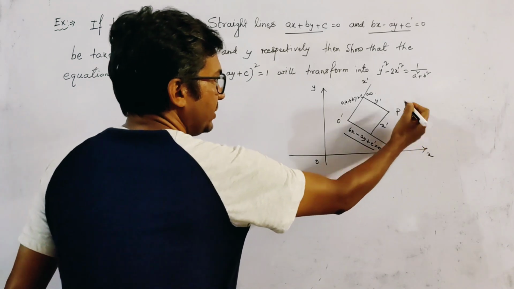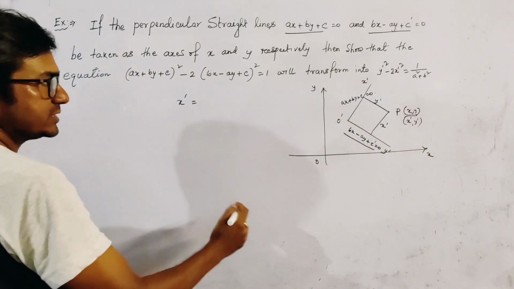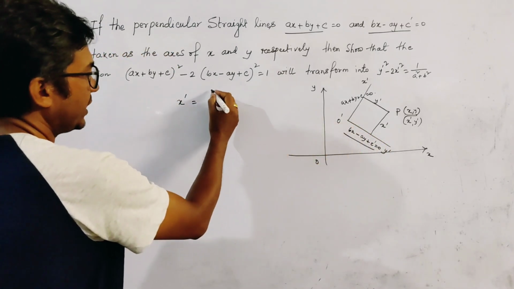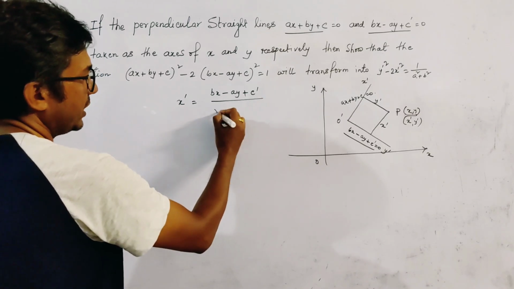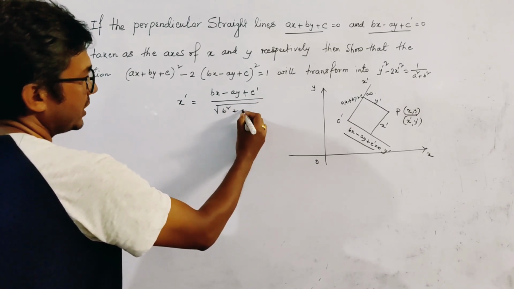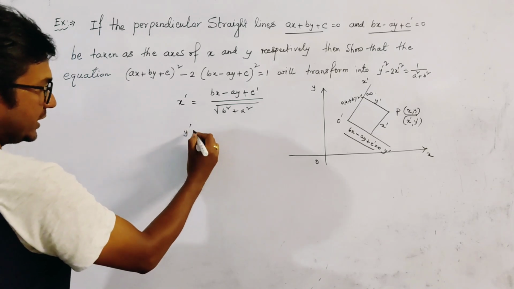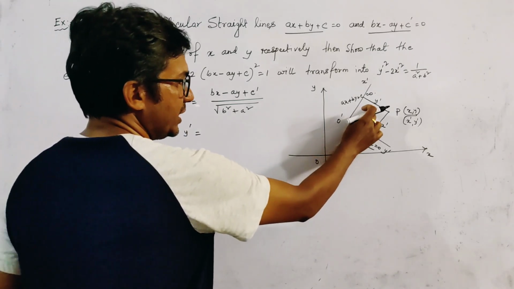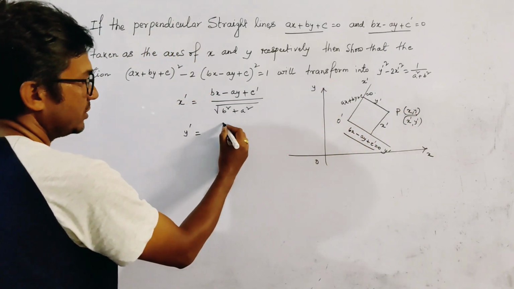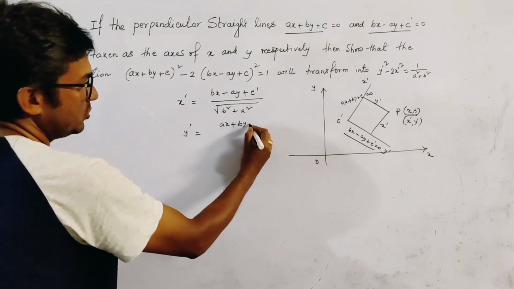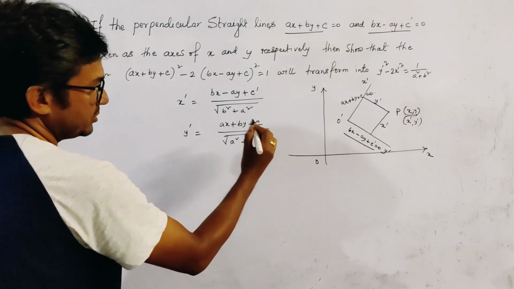Since this is P(x, y), we can write the formula of perpendicular distance. This is x dash, which is given by bx minus ay plus c dash by root under b square plus a square. Okay, and similarly we get y dash. Y dash is the perpendicular distance of P, that is (x, y), from this line, so we get the formula ax plus by plus c by root under a square plus b square.